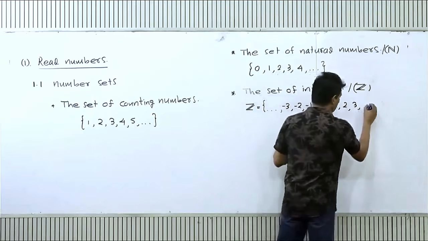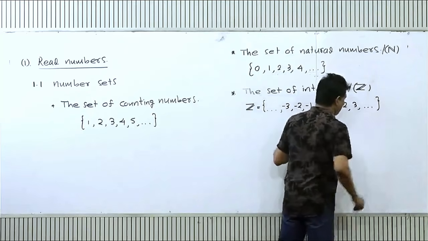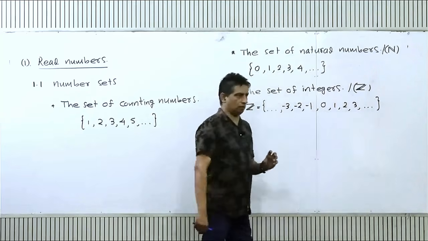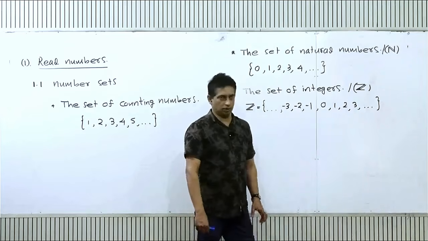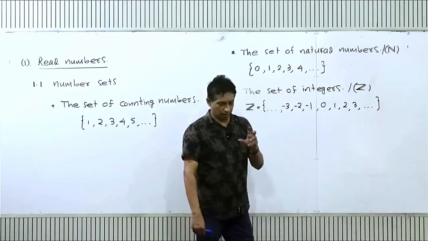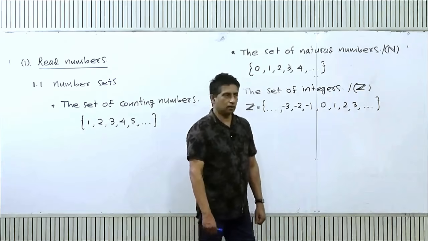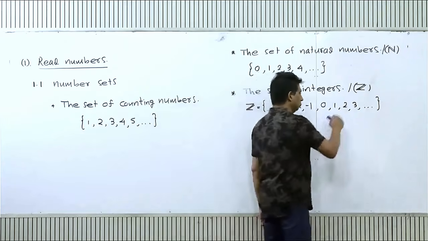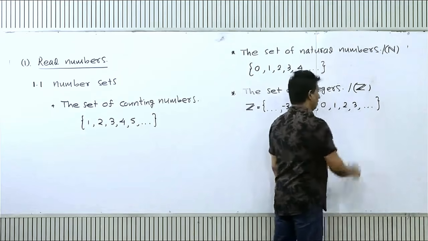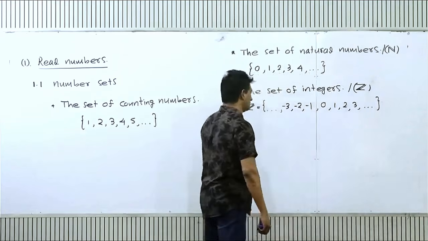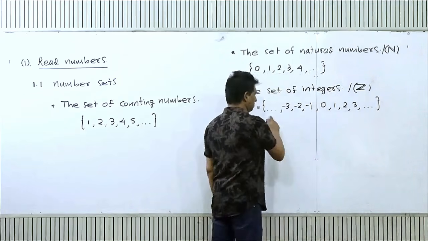Then we have to again put 3 dots. Why? We don't know what is the greatest positive integer now. That means we don't know what is the greatest whole number. So positive whole numbers are also infinite and negative whole numbers are also infinite.